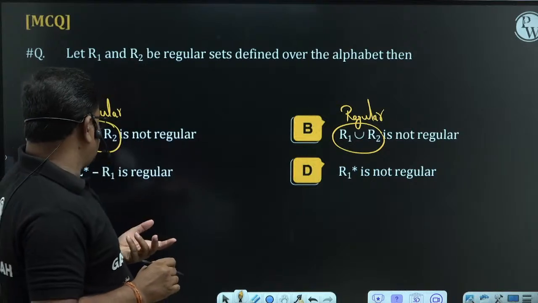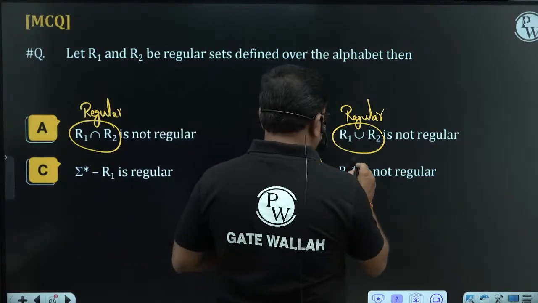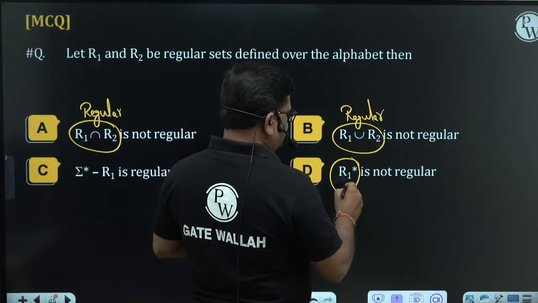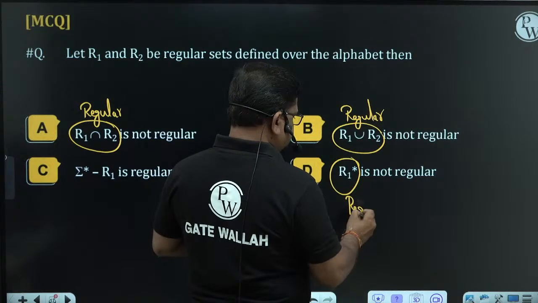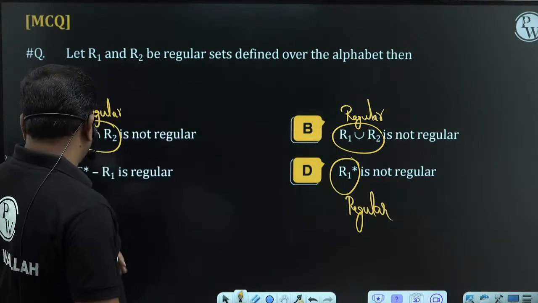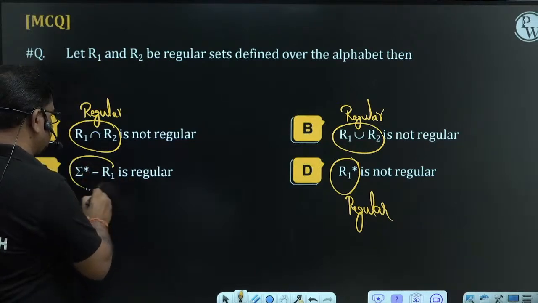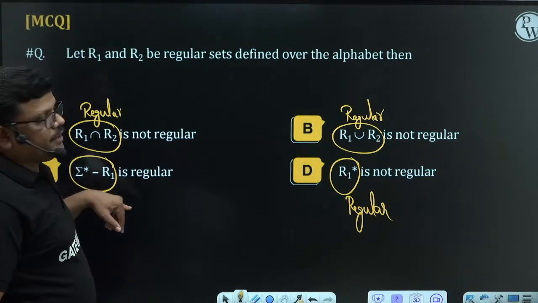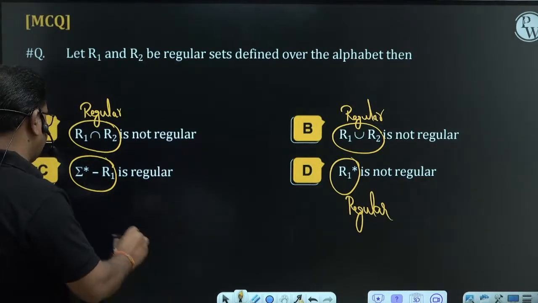What is R1 star? Kleene closure. This is also regular. Then what is this? Sigma star minus R1 is nothing but complement.